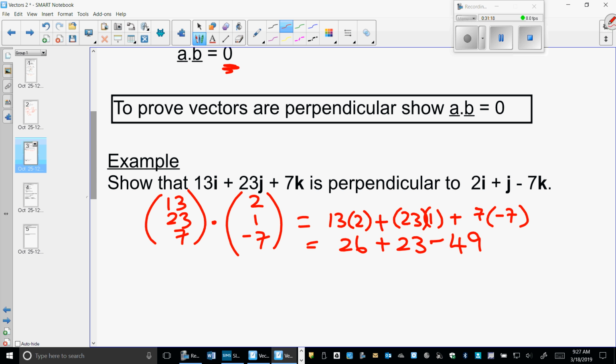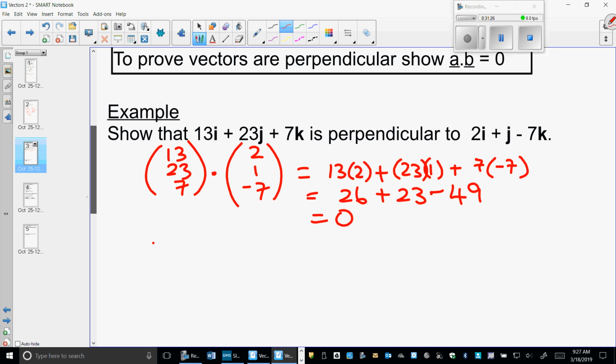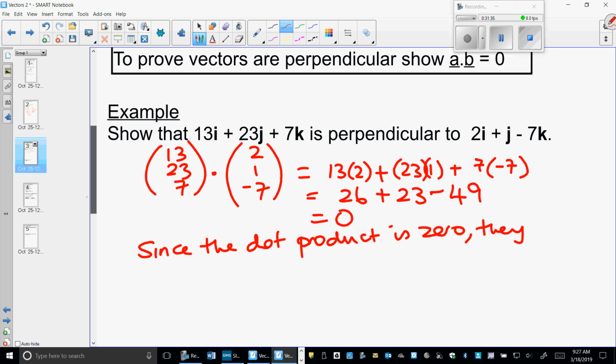And oh look, 26 plus 23 is 49. Take away 49 is 0. And then you would say, since the dot product is 0, they are perpendicular.